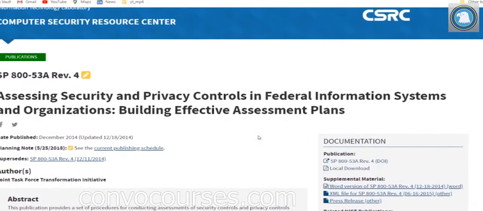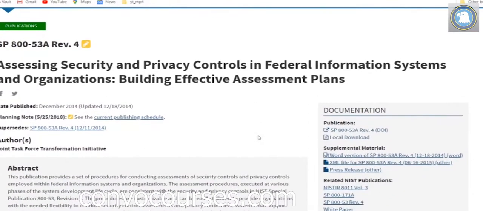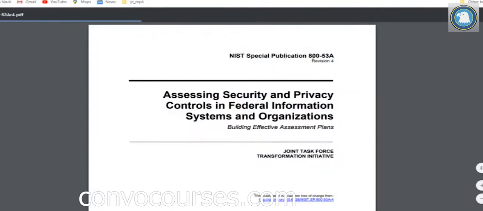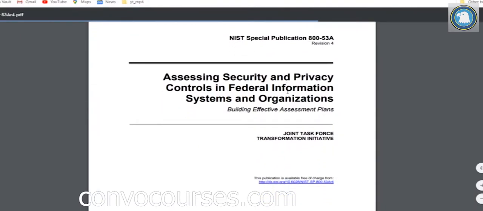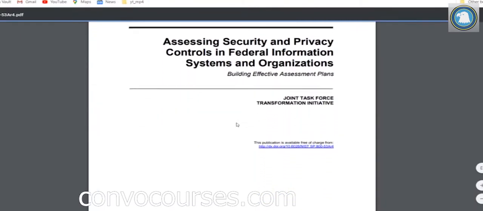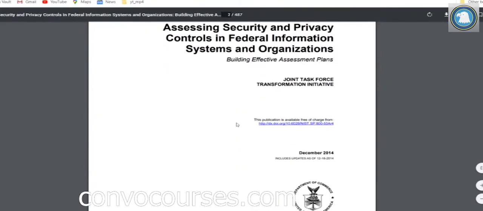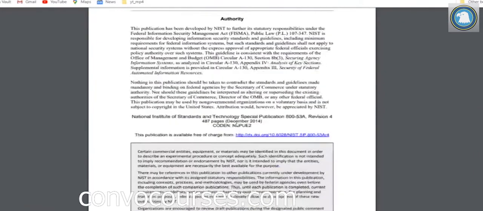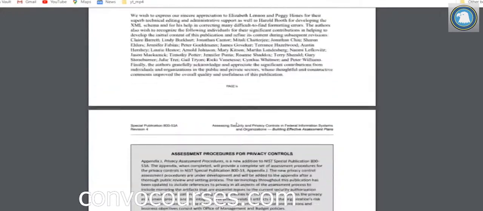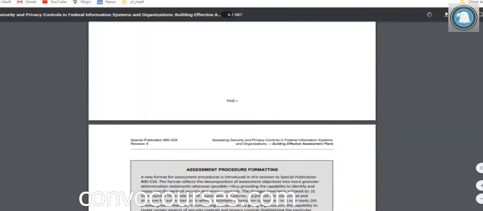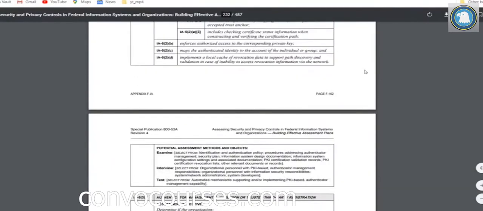So why this one's so effective is that if you happen to be doing risk management framework, you put the security controls in place, you want to know that they're done correctly. You can use this document, 800-53A, will show you what an assessor should be looking for when they're applying the security controls. So let me see if I can give you a specific example.